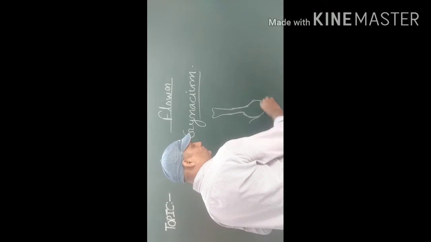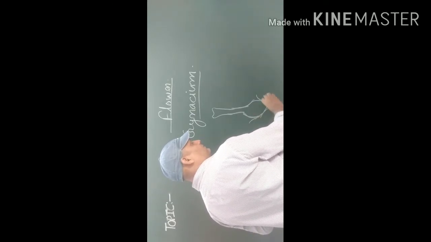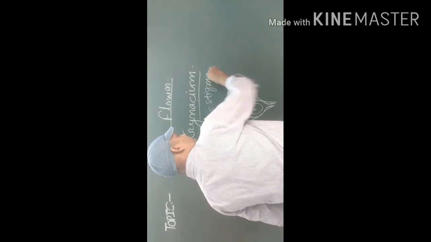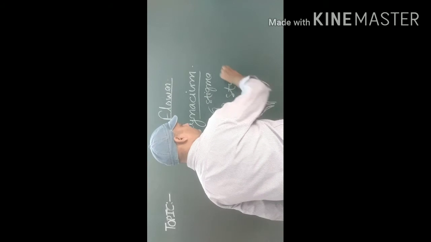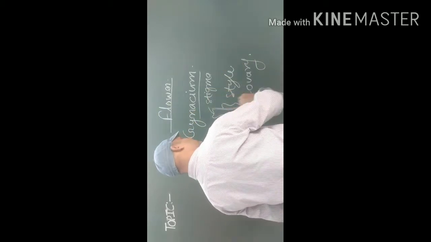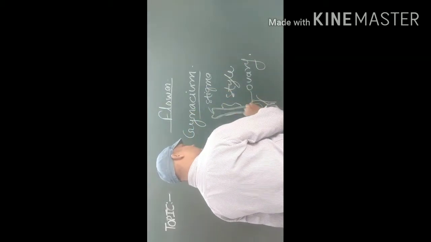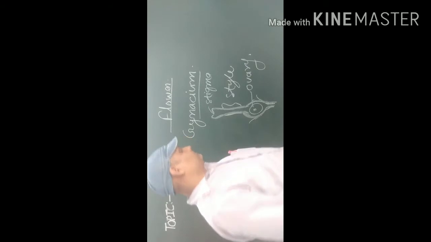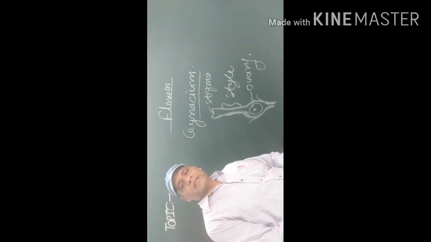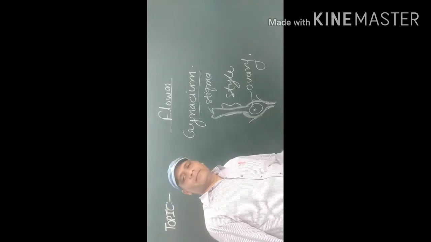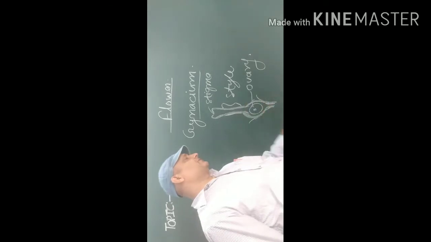The ovary is composed of egg cells. The egg cells fuse with male gametes, after which ovules are transformed into seeds.